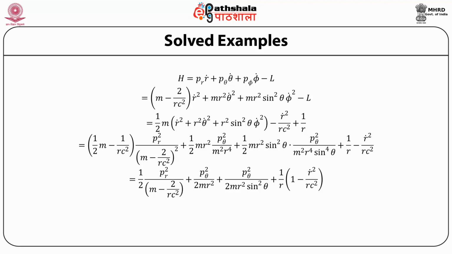The Hamiltonian in terms of conjugate momenta then becomes half p_r square divided by m minus 2 by r_c square plus p_theta square by 2m r square plus p_phi square by 2m r square sin square theta plus 1 upon r minus r dot square by r_c square.